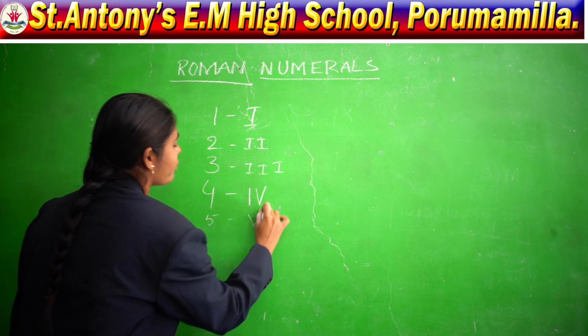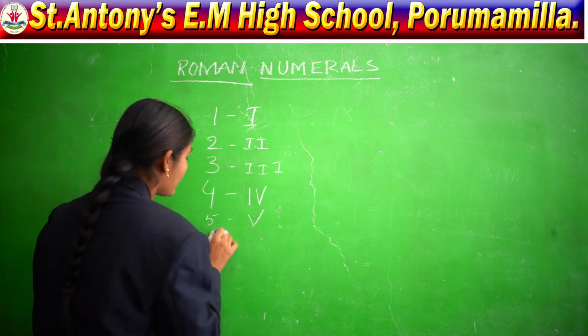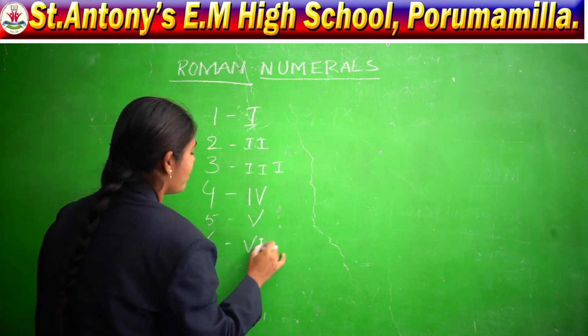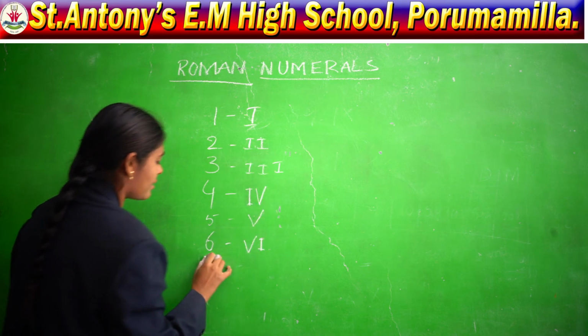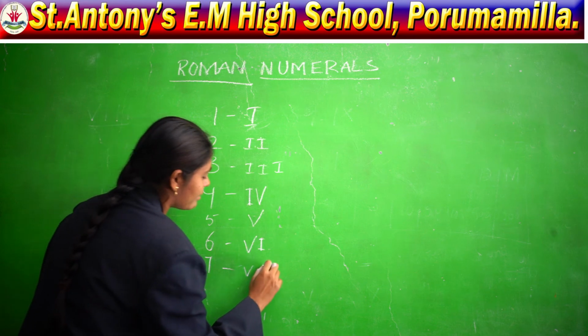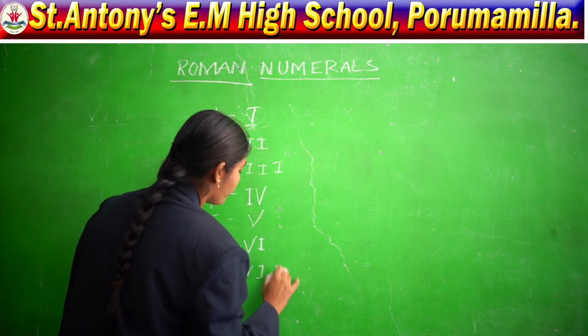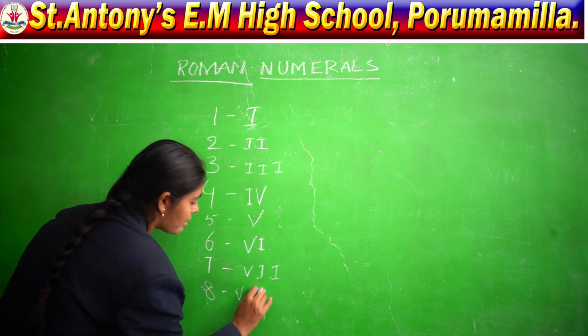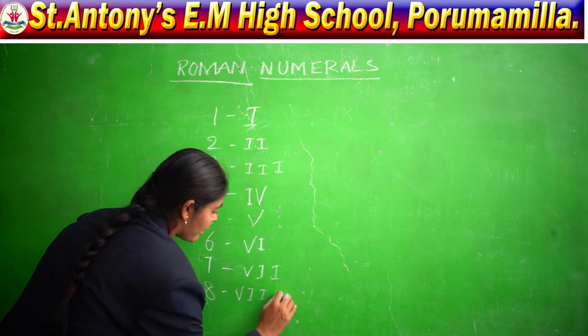V means 5, 6 is 5 plus 1, 7 is 5 plus 2, 8 is 5, 6, 7, 8.